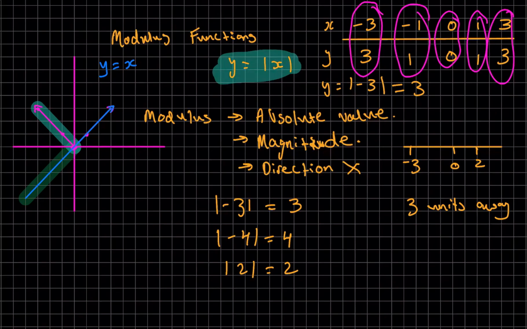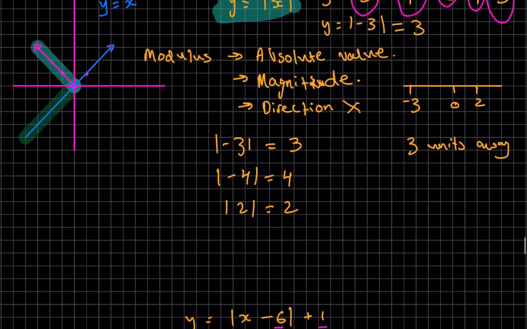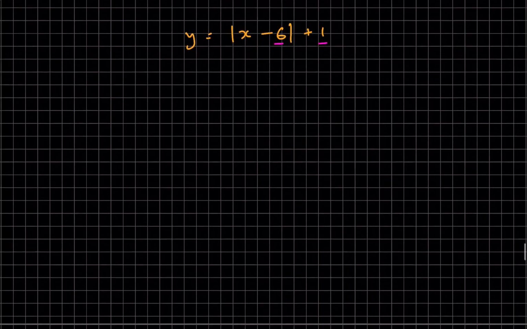Now, let's try a slightly more complicated example. Now, you may remember from your quadratic functions that if you have an equation in the form y equals a(x minus h) squared plus k, your turning point will always be at h, k. Well, this is quite similar for a modulus graph, only we're not dealing with a turning point, we're dealing with an apex.